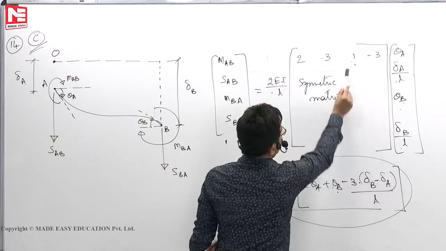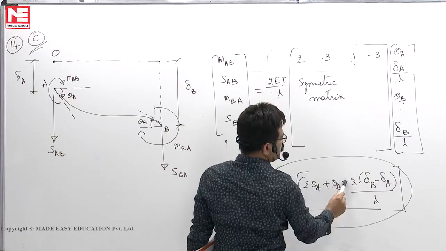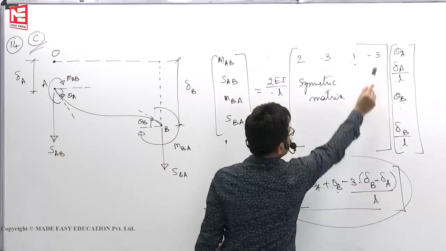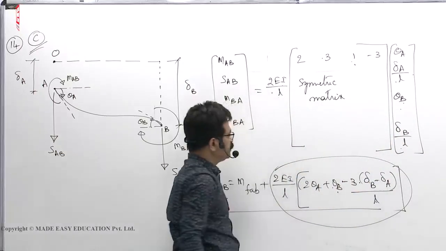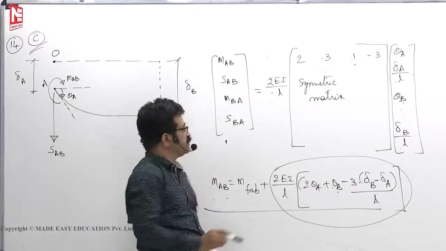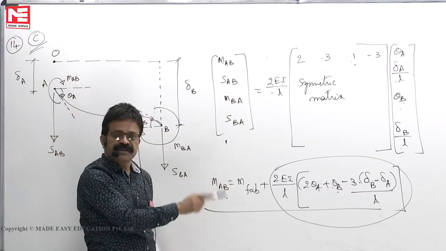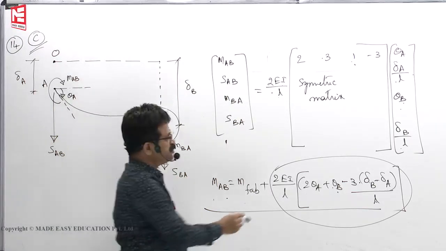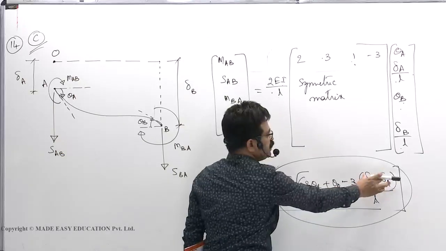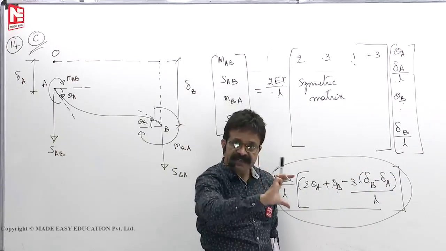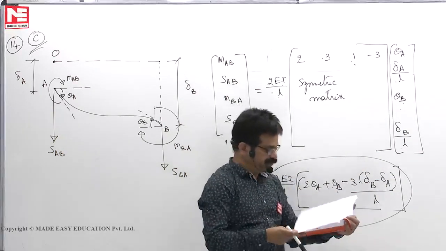Next, theta B, 1 into theta B. Then minus 3 into delta B by L. So everything matches. This is with respect to the left support. If the right support sinks down, your delta must be positive. That means minus should be kept as it is. Delta B minus delta A is the net sinking. You have to take it.